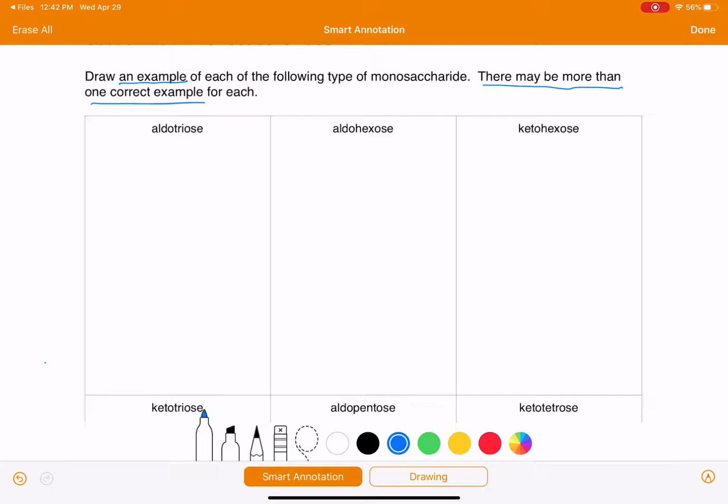I start with the number of carbons. So I start at the end of the molecule's name. This says triose, which tells me that it is 3 carbons, tri for 3. The next thing that I do is go to the prefix, aldo. The aldo tells me that my carbon-oxygen double bond is on carbon number 1.